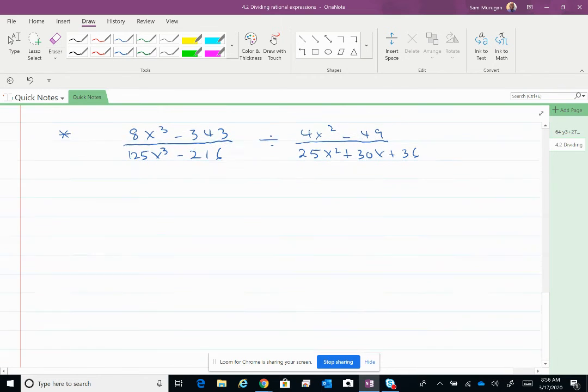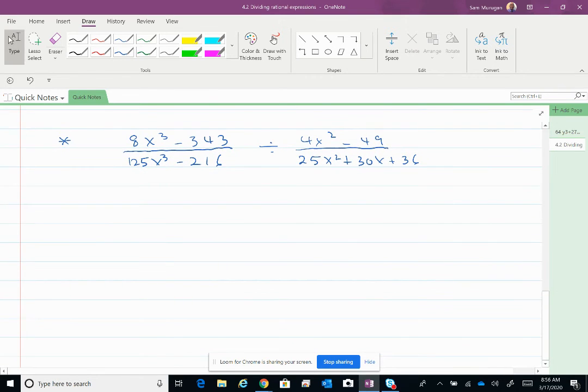So we want to take this expression here and go ahead and apply the KFC rule to it. So this is 8x cubed minus 343 over 125x cubed minus 216. Change the sign and flip this over.